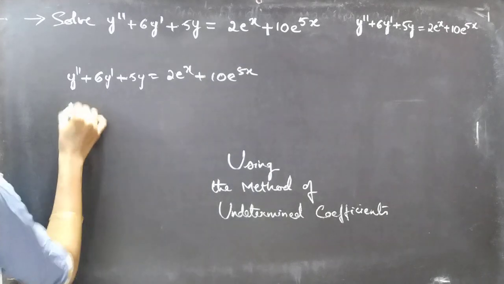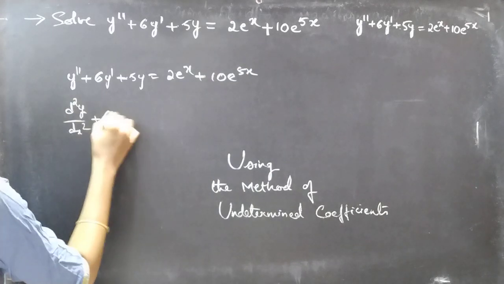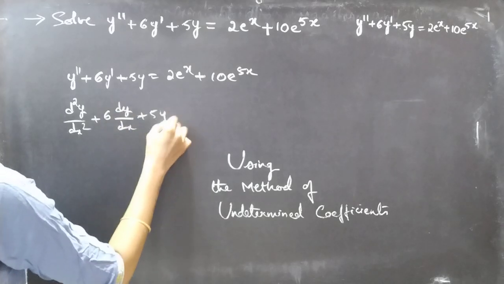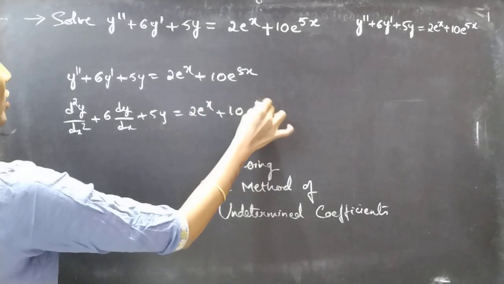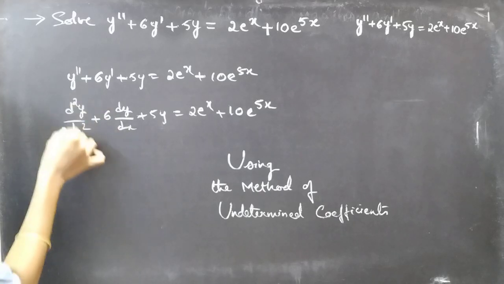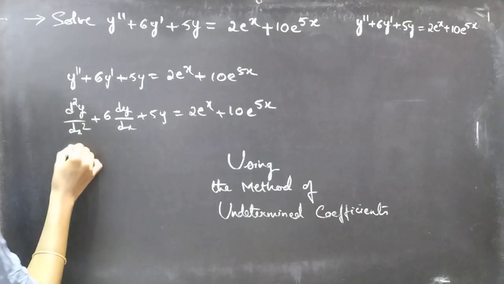We can write y double dash as d square y by dx square, plus 6 into, write y dash as dy by dx, plus 5y equal to 2 e power x plus 10 e power 5x, right? Also, we can write d square y by dx square as capital D square y, where D is a differential operator.